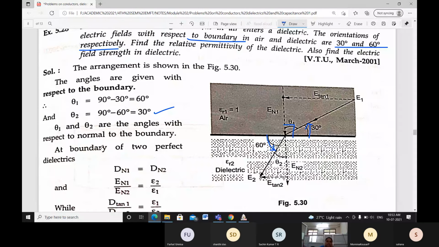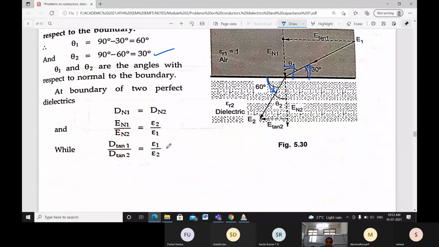Okay. Then at the boundary of two perfect dielectrics, Dn1 is equal to Dn2. This we know. The second equation in terms of electric field intensity: En1 divided by En2 is epsilon 2 divided by epsilon 1. The flux density D tan 1 divided by D tan 2 is epsilon 1 divided by epsilon 2, the reverse of these two.